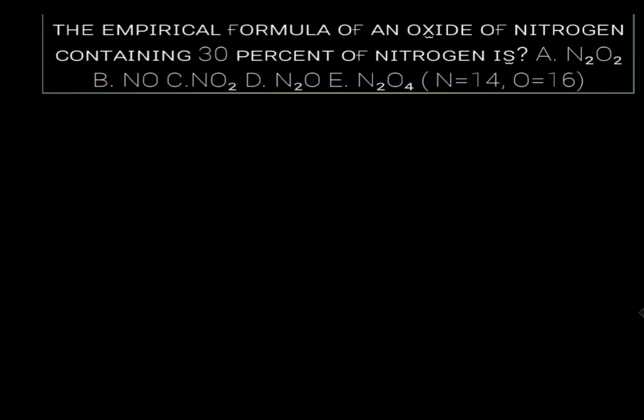To crack it. The empirical formula of an oxide of nitrogen containing 30% of nitrogen is... Now, to solve for the empirical formula, we need to know that nitrogen is 30%.